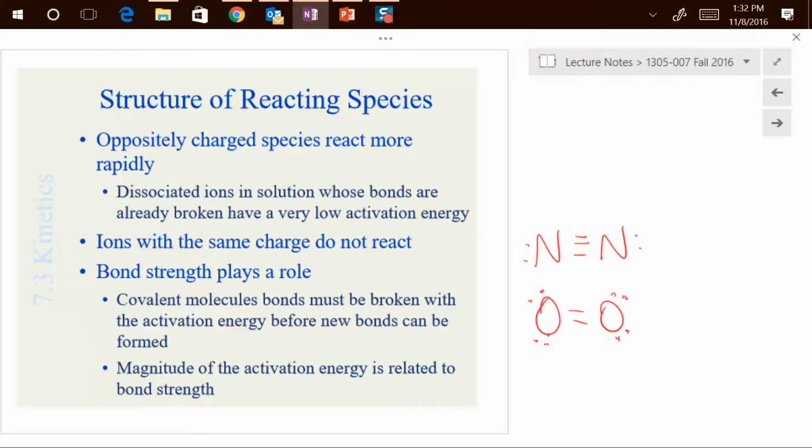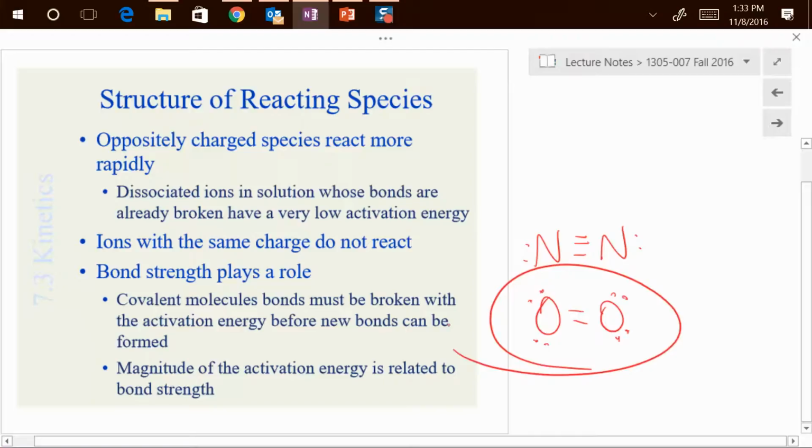Because to burn the nitrogen, I would need a higher, more energetic reaction. So but there's much more nitrogen in the air. Way more nitrogen in the air than there is oxygen. But yet, I react it with the oxygen because the oxygen reacts more easily.